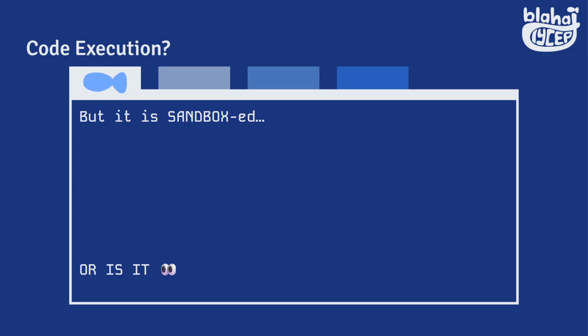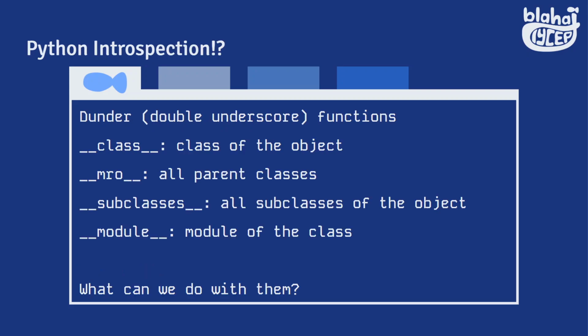We don't have access to our favorite OS or any other Python libraries, right? That's quite unfortunate. But there is a way to get OS onto the server. First of all, did you know that Python has this thing called introspection, and specifically double underscore or dunder attributes?